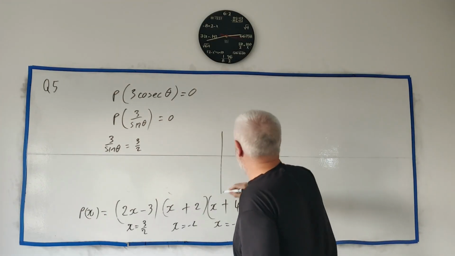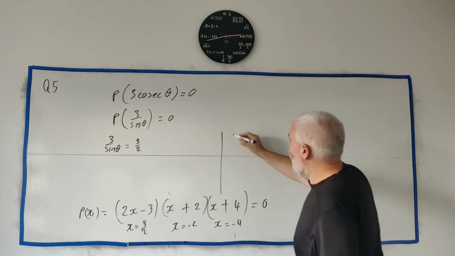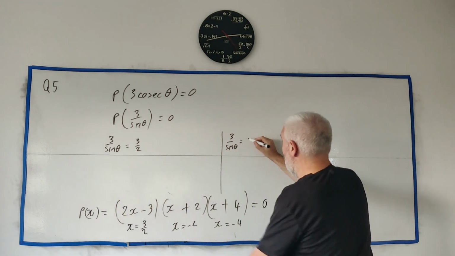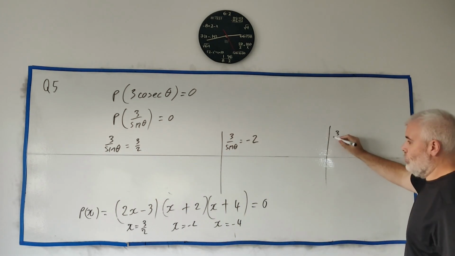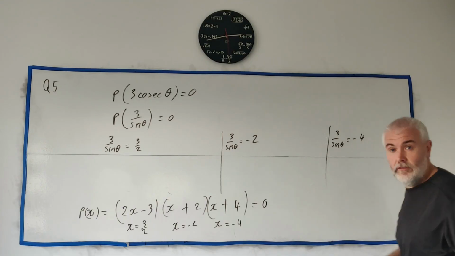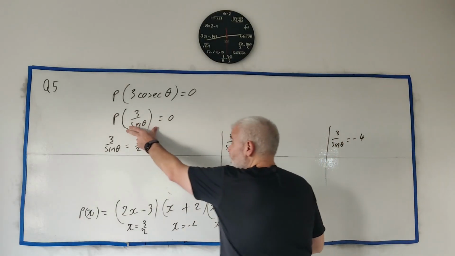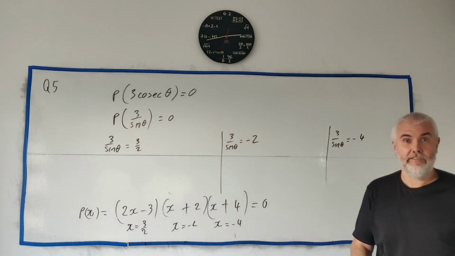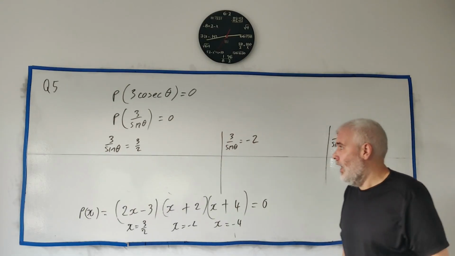Let me split the world into 3 parts. Or 3 over sine theta is equal to minus 2. Or 3 over sine theta is equal to minus 4. That's all this tells you. When it's equal to 0, it means we can use this factorization very, very easily.